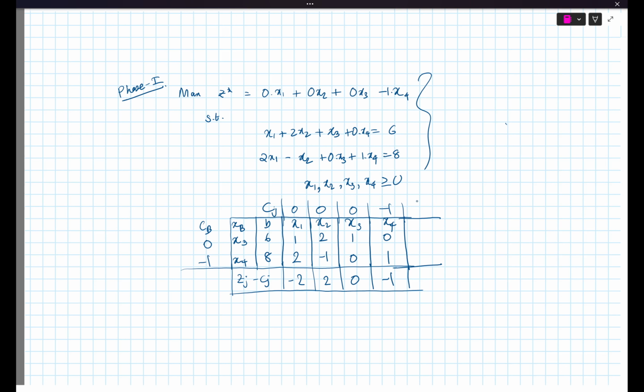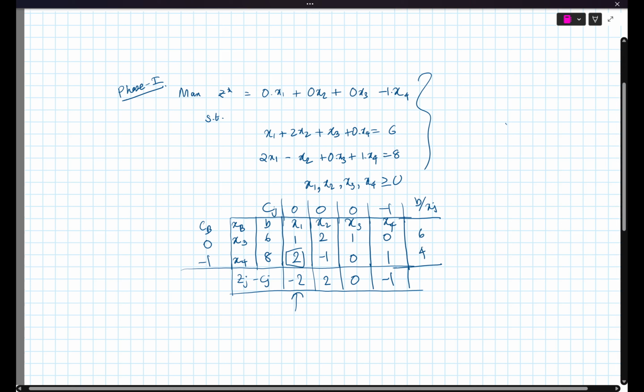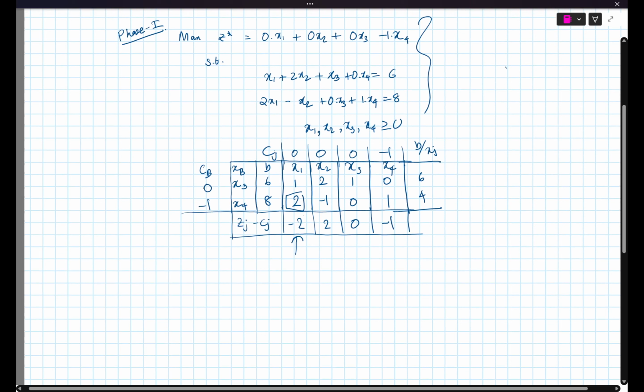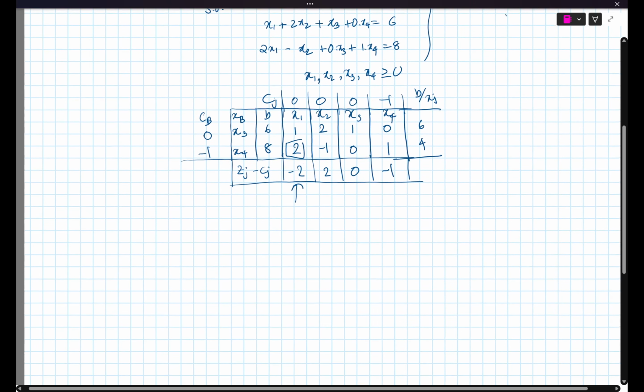And I need to compute b by x, right? So this is my most negative one. If I do b by xj, I get 6 and 4. So this is my pivot point. So x4 will depart and x1 will enter.